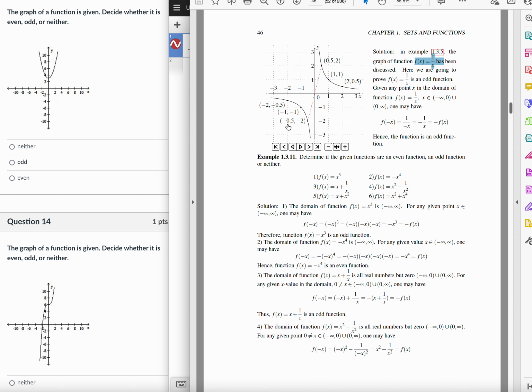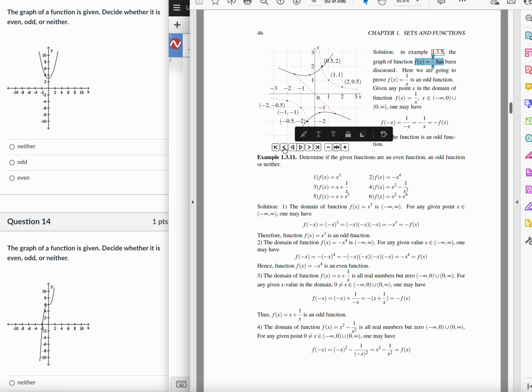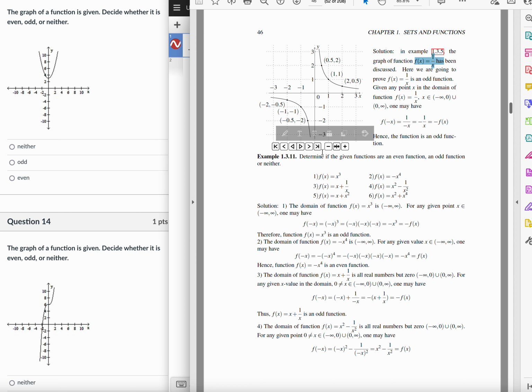So you have -0.5, -2, this point is on the picture. Okay, now, let me go back. When you plug in x is 0.5, 1 divided by 0.5, you have a 2.